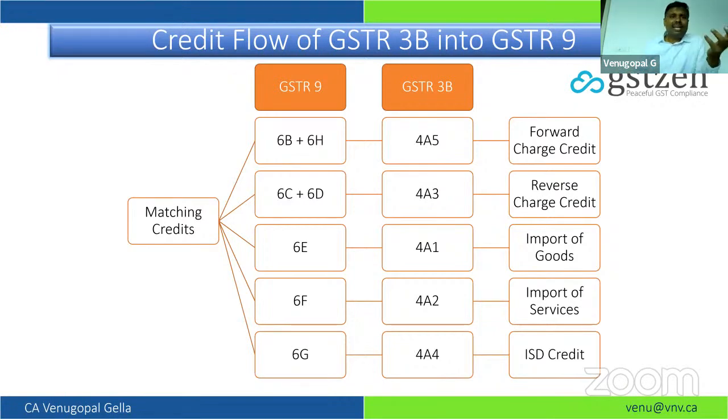I will report the transaction in 4A5 and report it in 4B2 as a temporary reversal. Next month, when the goods have come, I will again report it in 4A5 and report my reavailment reversal reference in 4D1.